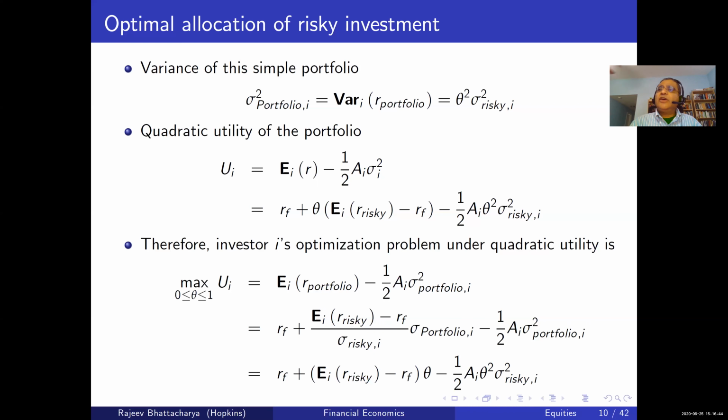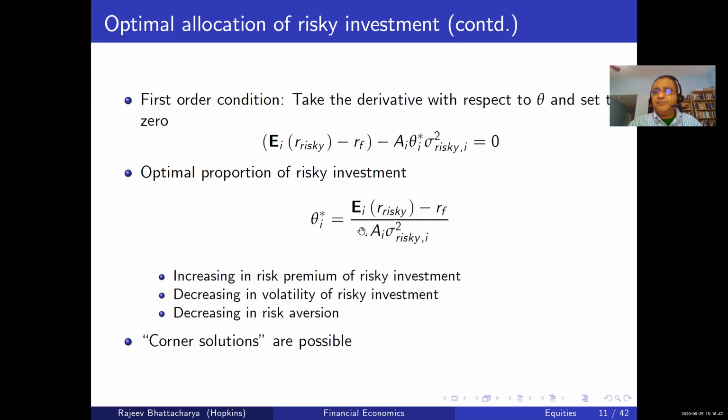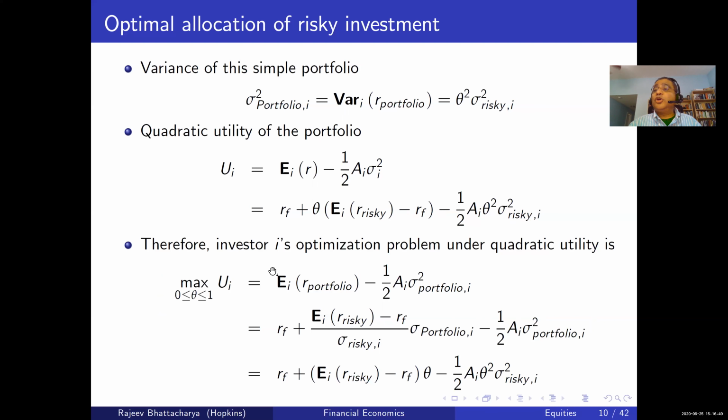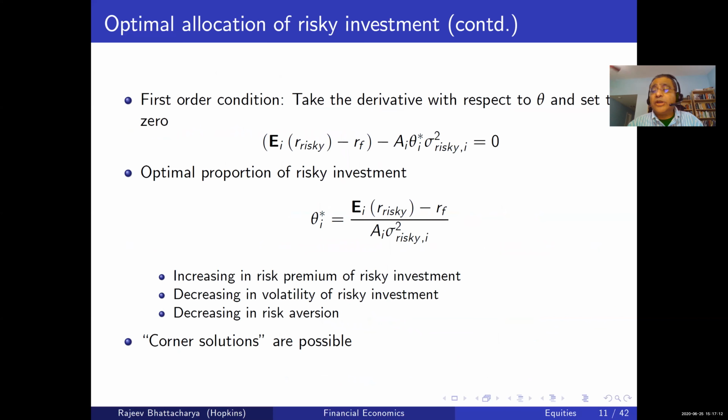Okay, so therefore this is the utility, and that's what we are going to maximize with respect to theta, because that is your variable of control, which you can choose between 0 and 1. So going back to microeconomics, you take the derivative with respect to theta and set it equal to 0.